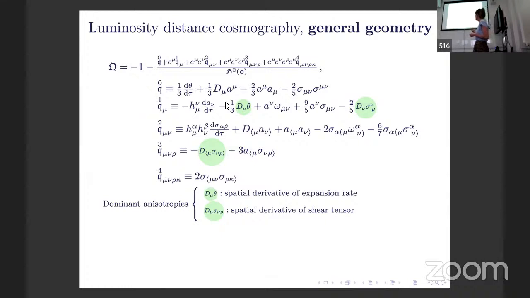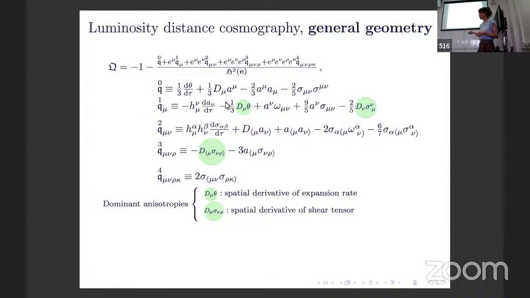So we might already expect that the dipole and the octupole are going to dominate the anisotropic signature for most observers in weak field cosmological modeling. Just from counting, just from seeing where the spatial gradients enter here.